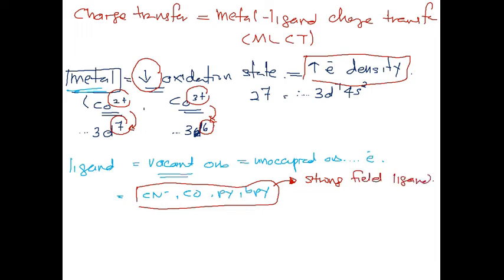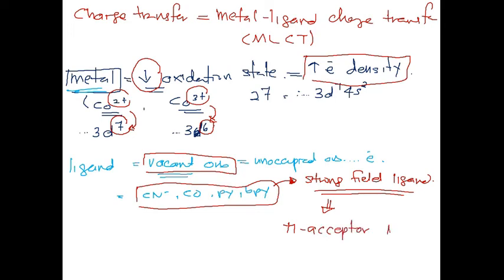Because it has a vacant orbital and is a strong field ligand, based on what you have learned last week, this will undergo pi acceptor molecular orbital theory. So we move on to the next slide.